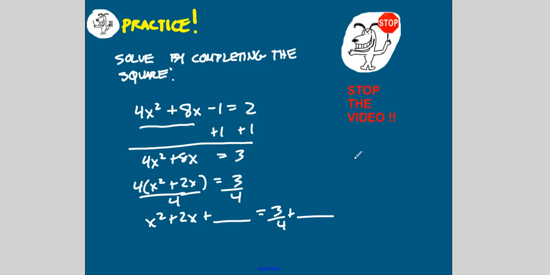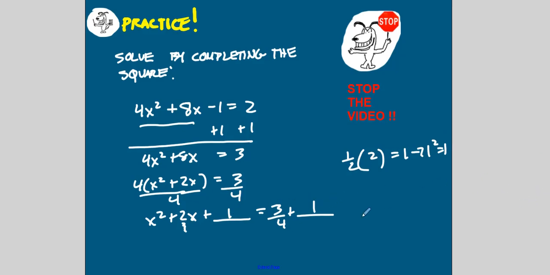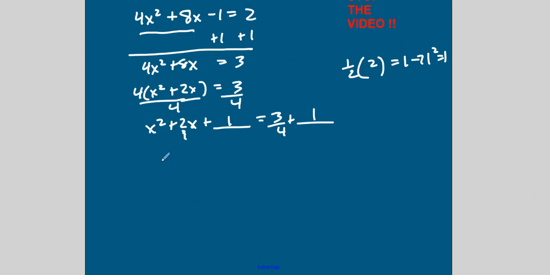Well, I now take half of 2, because that's what I'm looking at to complete the square. Half of 2 is 1, and then 1 squared is 1, so I just have to add 1 here and 1 here. That's pretty easy, especially compared to that last question. Now I can factor this as a binomial squared.